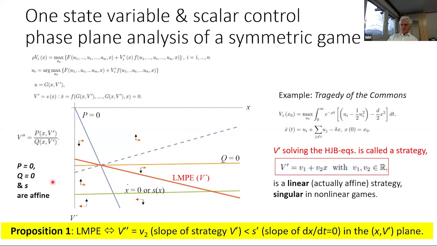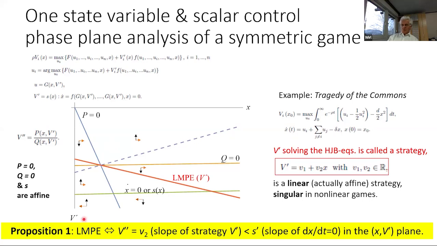And there's a third crucial locus, which I mentioned already, the steady state line, which can also be expressed as an affine function of x. So V prime is an affine function of x, which is in this chart, the green line. So by the nature of the problem, you get two roots for the quadratic term in V prime.